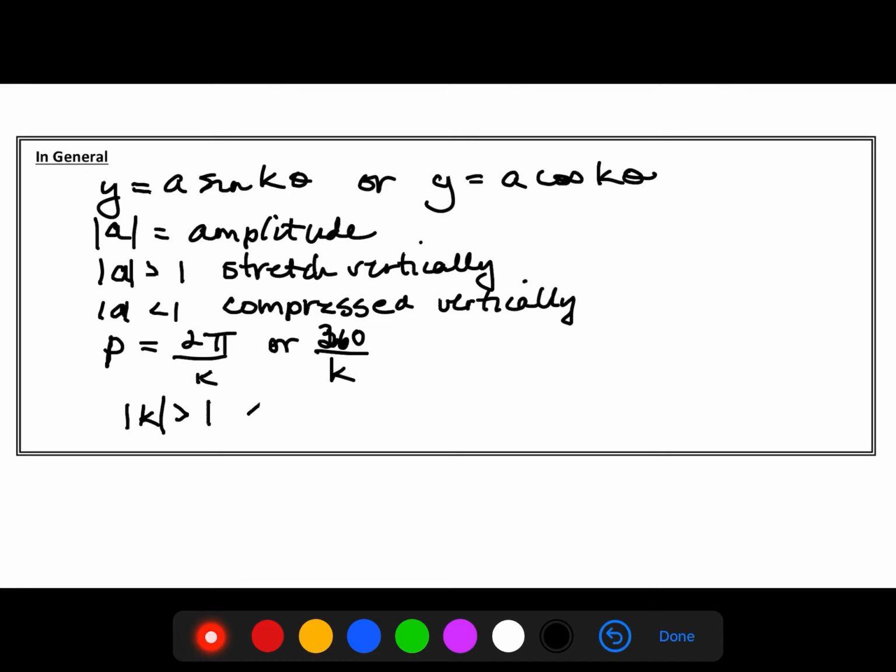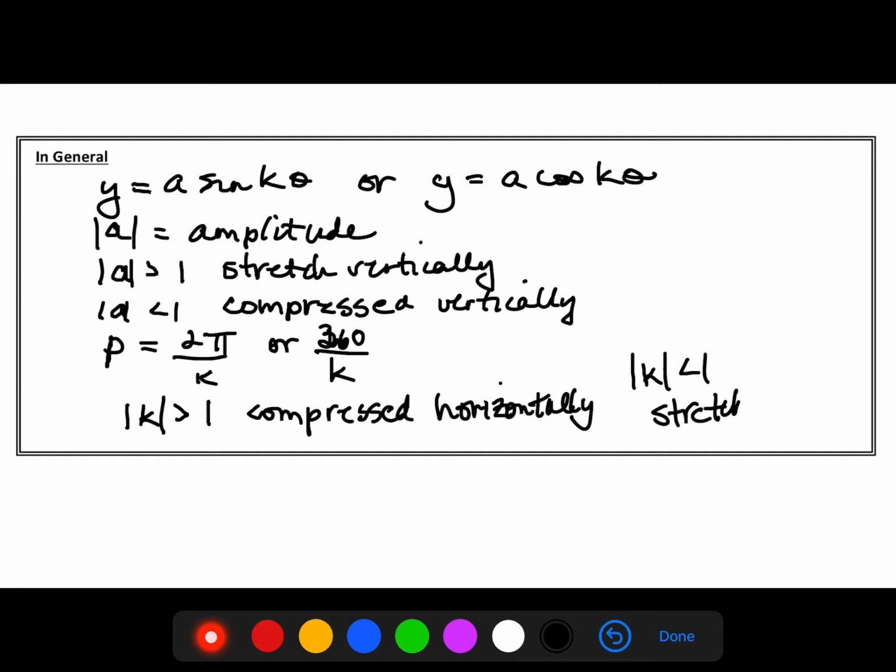So if the absolute value of k is greater than 1, it's compressed horizontally.